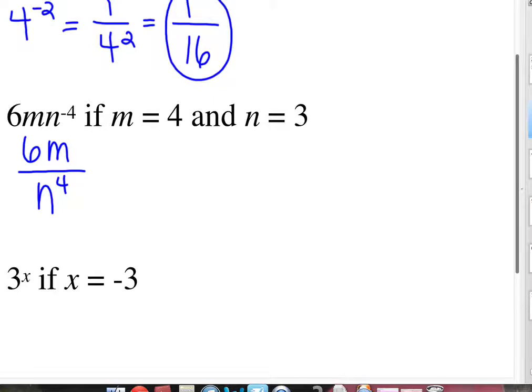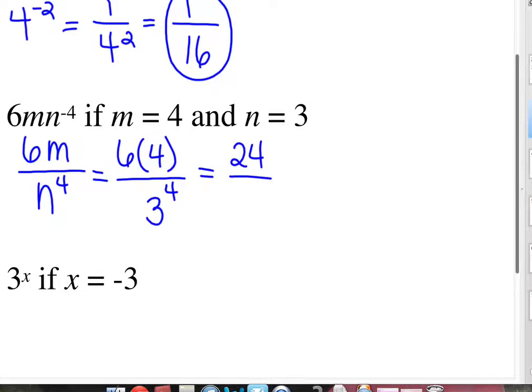Okay, did you follow that? Now let's plug in our numbers. 6 times m, and m is 4, over n, which is 3, to the 4th power. Got your calculator handy? I hope so. I told you you're going to want it. Up on the numerator, 6 times 4 is 24.